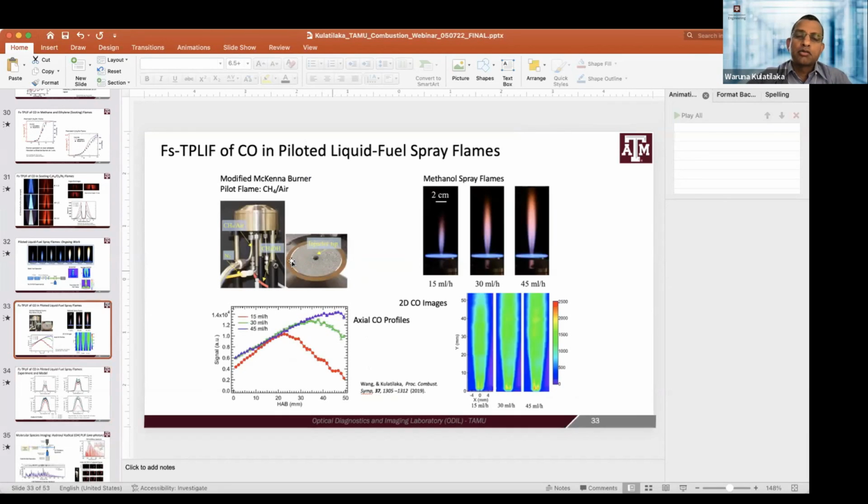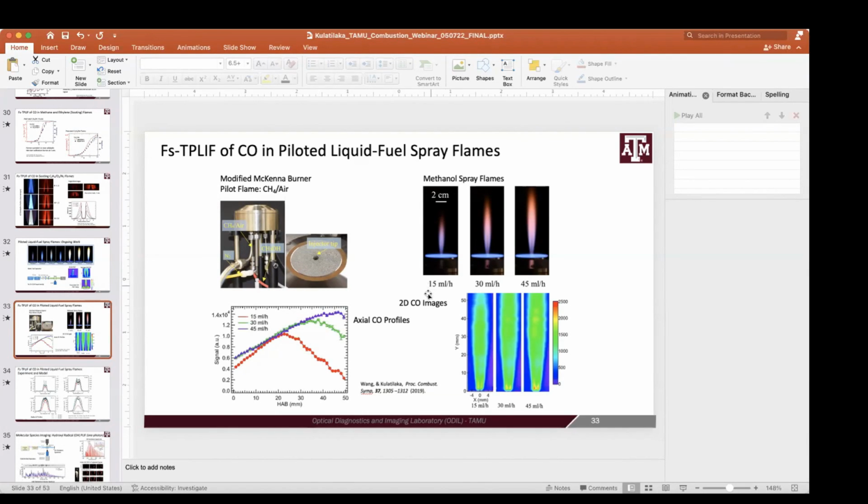So there's a significant amount of heat transfer on the pilot flame, but the liquid flame is essentially lifted. So the liquid flame is not even touching the tip. Well, the spray is touching, but the flame is not touching the tip. Can the liquid flame be run without the pilot?